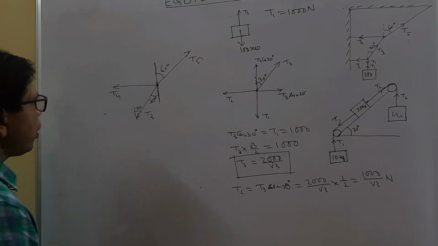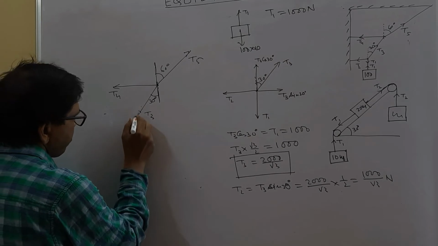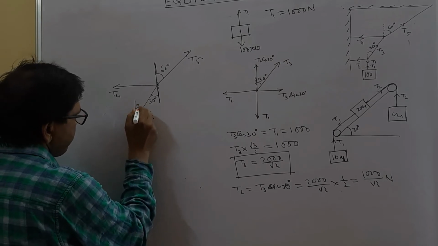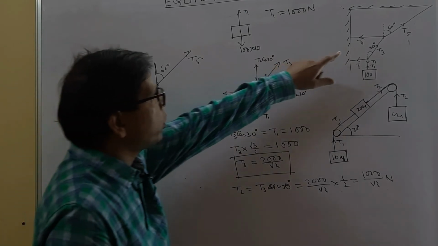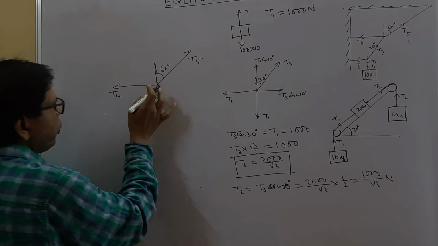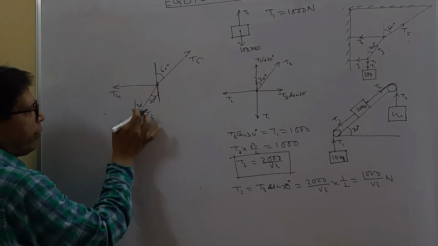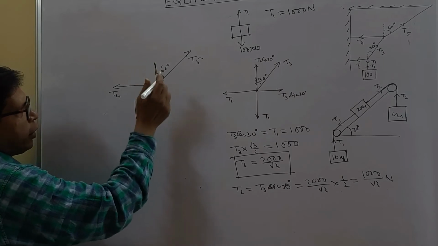Now look at this, we draw the forces acting at this point. This is T5, this is T4, and this is T3. This angle is 30 degrees, so this is also 30 degrees, and this angle is 60 degrees.